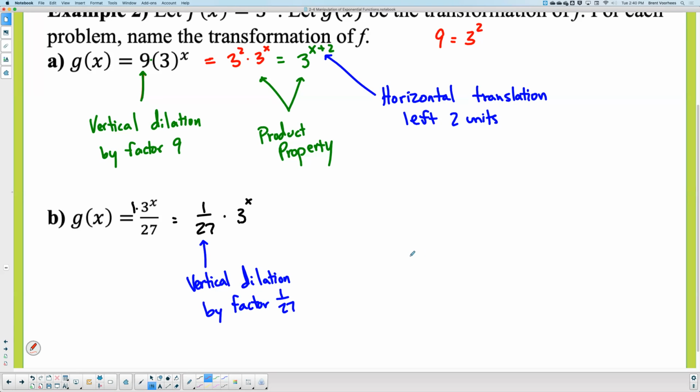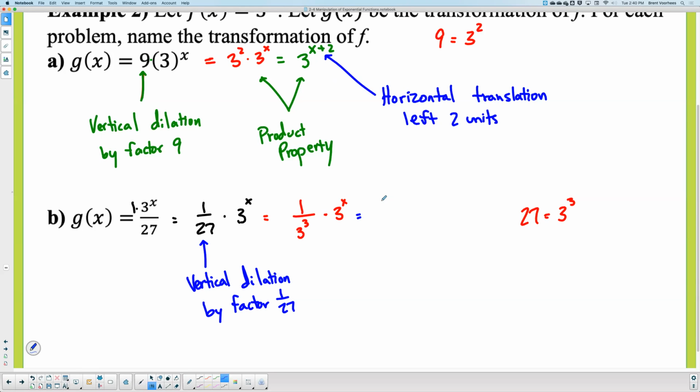Okay, just to do the extra that I did before. 27, if you did not know, 27 is the same thing as 3 to what power? I could rewrite this as 1 over 3 cubed times, which now I kind of wish I hadn't separated, but I did, so I'm going to put it back together.